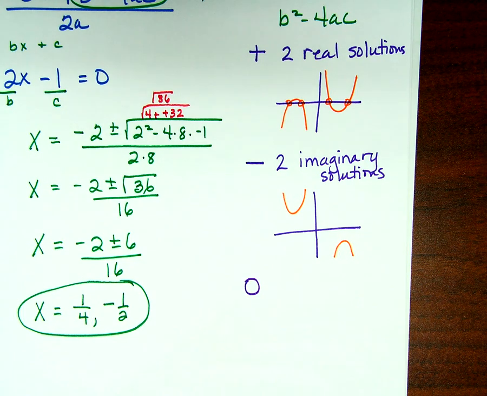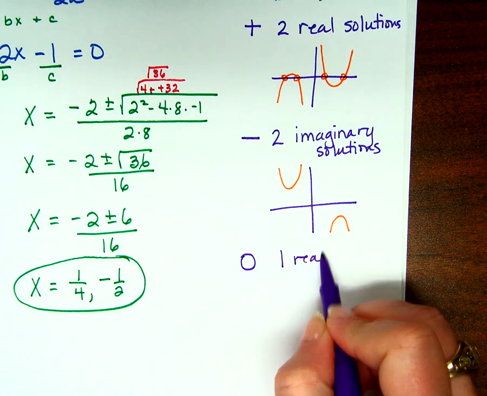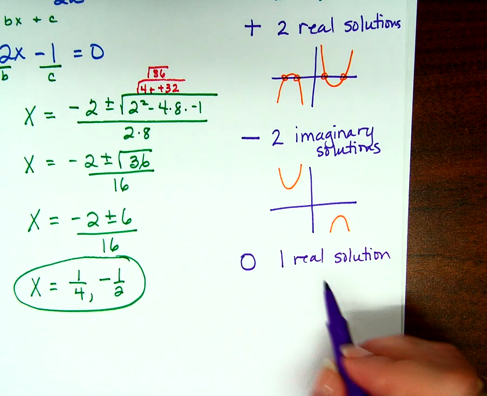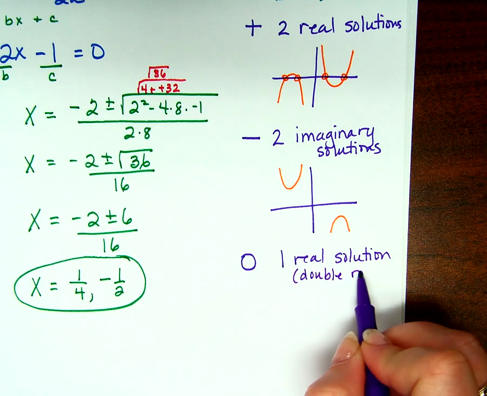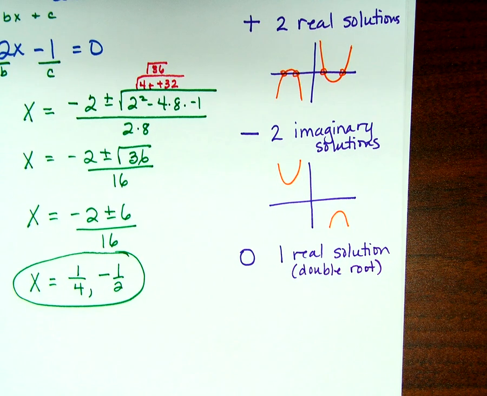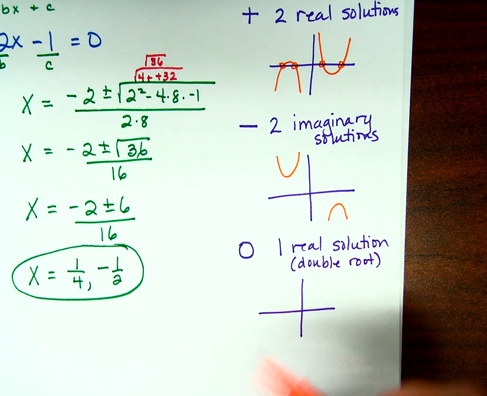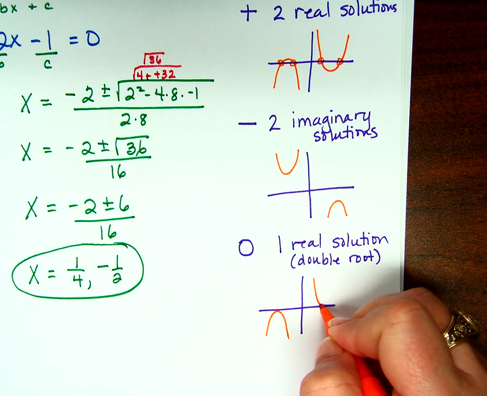If it's 0, there's one real solution. But I need you to understand it's a double root. It's called a double root because what it looks like when you graph it is this or this.